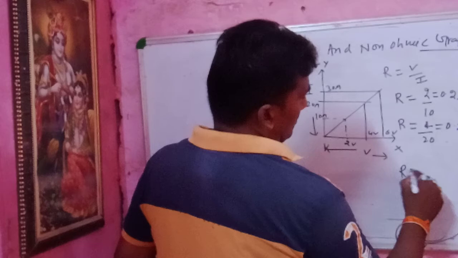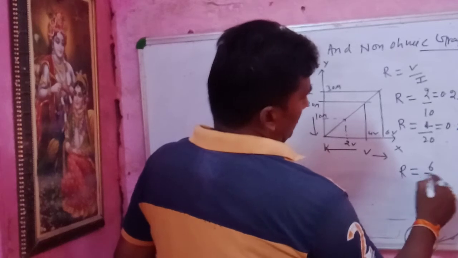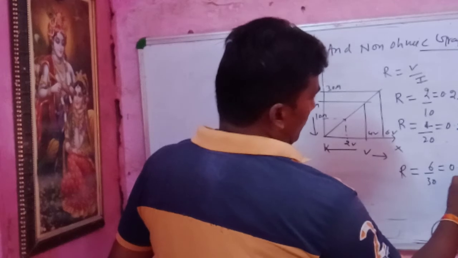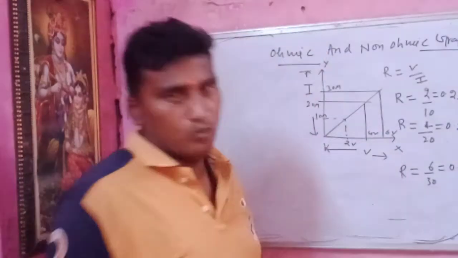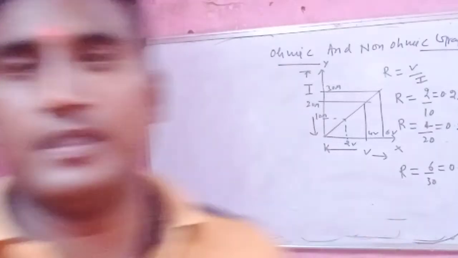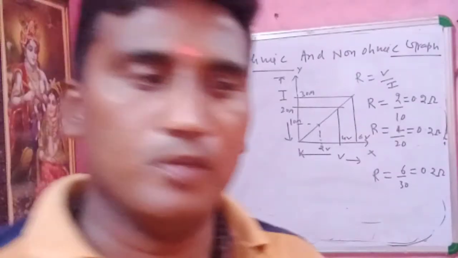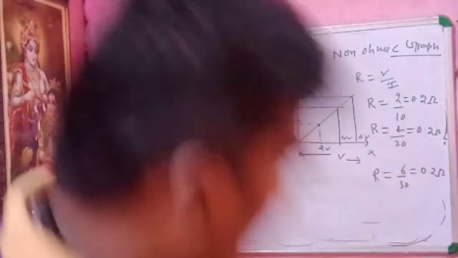Next, 6 volt, 30 ampere, the value of resistance once again 0.2 ohm. In every case we identify the value of resistance as 0.2 ohm, so the graph is always an ohmic graph.